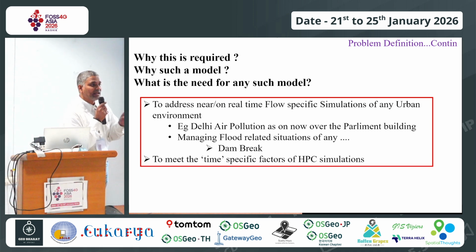Any flow dynamics study of this type is done this way. It is pollution dispersion here, but it can be a dam break model also. Our Indian dams at borders are in the line of sight of enemies. If something happens, at what rate will the flood happen, at what velocity?